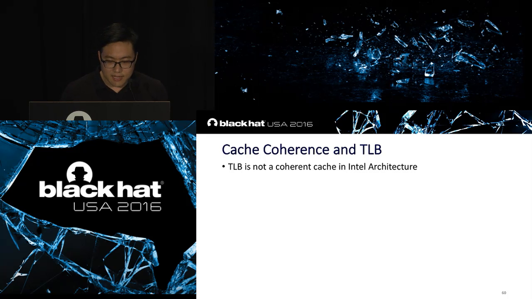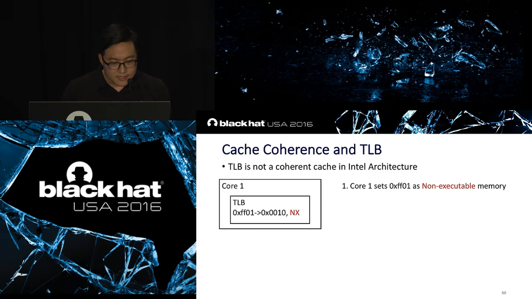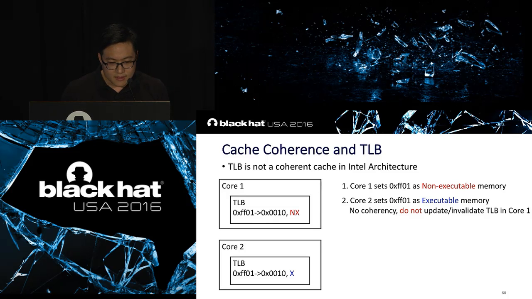Let's take an example. Let's say there's one core and it sets some address as non-executable. And then, in the meantime, core 2 can set the same address as executable. So in the page table, it was marked as executable, but there's no coherency. So no information will be delivered to core 1, so core 1 does not update or invalidate its TLB entry.